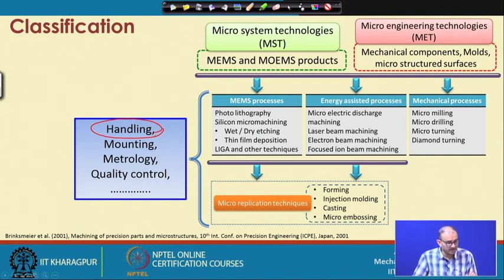For handling a component, either we use some type of pneumatic chuck or pneumatic handling, so that you do not physically touch the component, or you create an additional feature which is used for handling purpose only, and later, once the component is transferred to the other location, you remove those features.